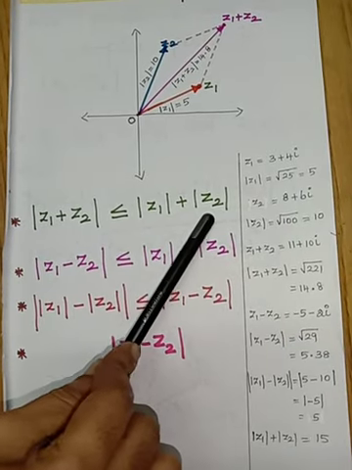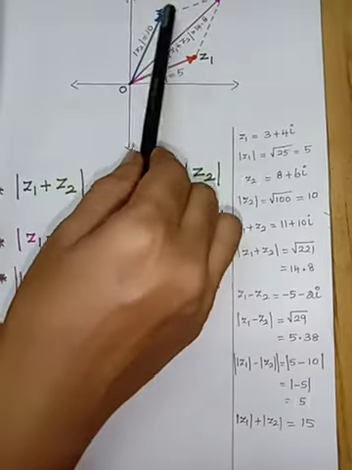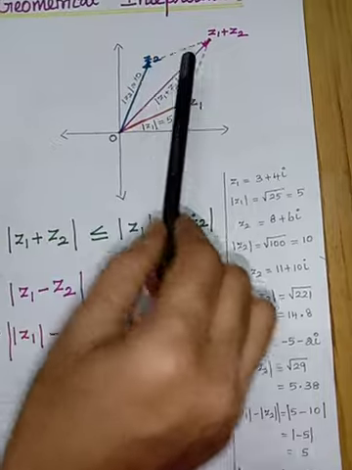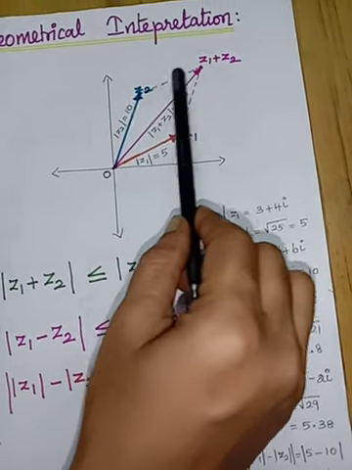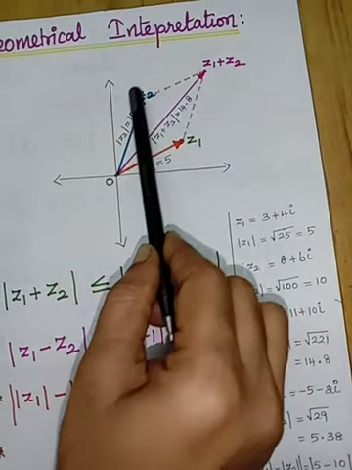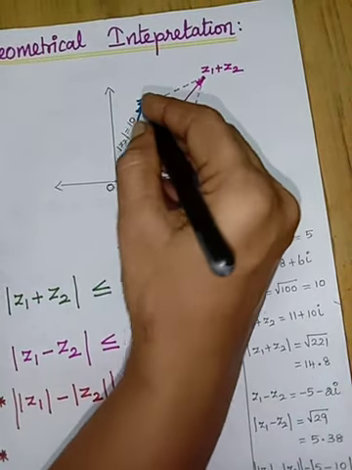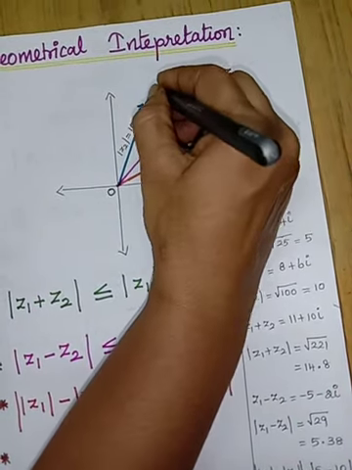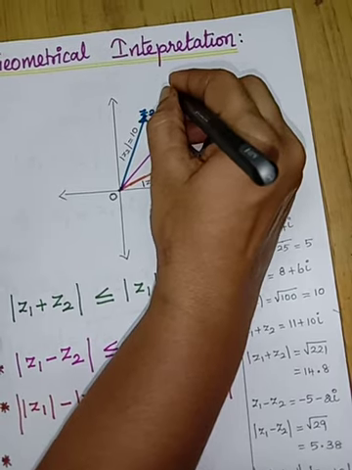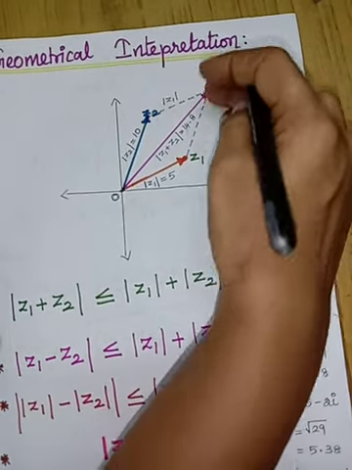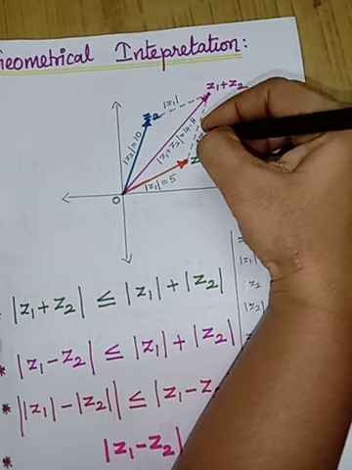If we go for the diagram, if you draw the parallelogram, these two sides are parallel as well as equal. So this is modulus of z1 and this is also modulus of z2.